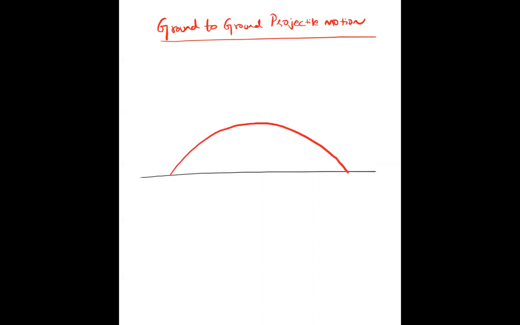You are projecting some object from here at a certain velocity, call it u, that is making a certain angle with the horizontal, and that is called the angle of projection. And it has two components again, as I told you in the last class also.